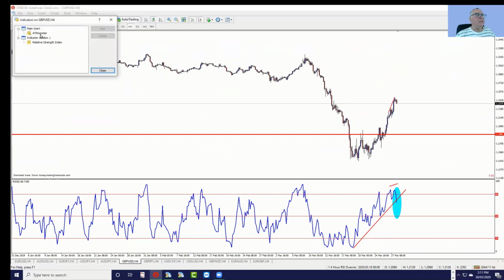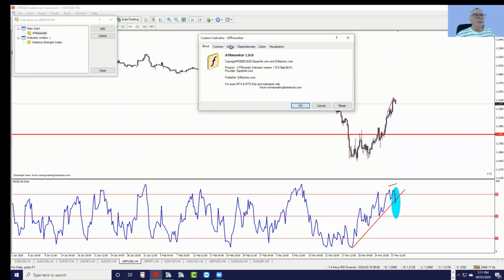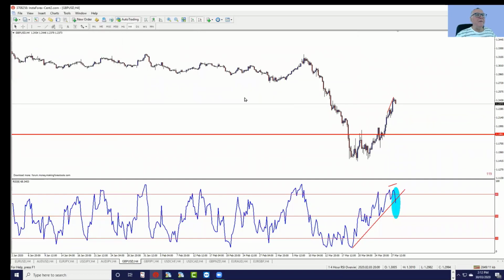It's the ATR monitor, and I'll just show you the input. So I'm reading the ATR over a 14-day period. So it's saying, what is the average volatility as measured by the daily highs and lows, or in this case, if we're looking at the 4 hour, it's the 4-hour candles highs and lows over the last 14 candles. What is the volatility? That's basically what that measurement is.